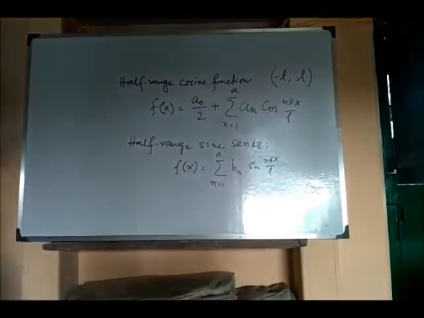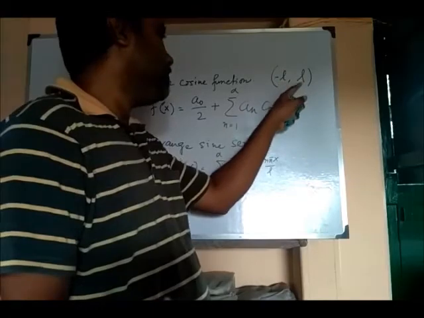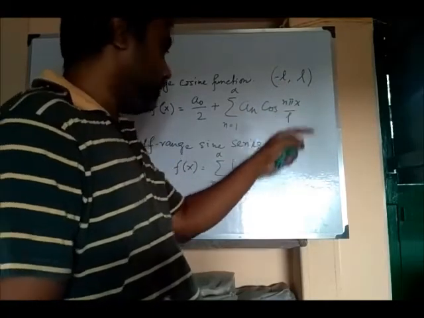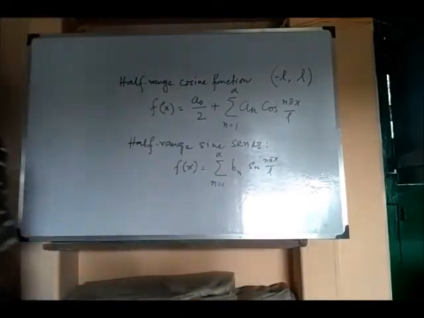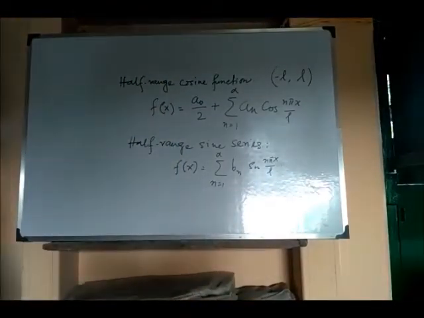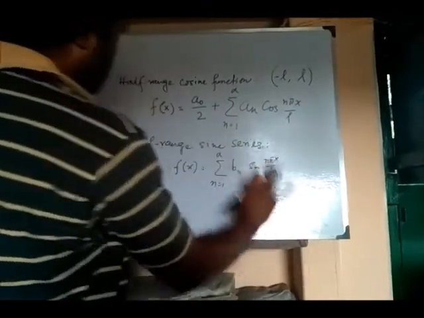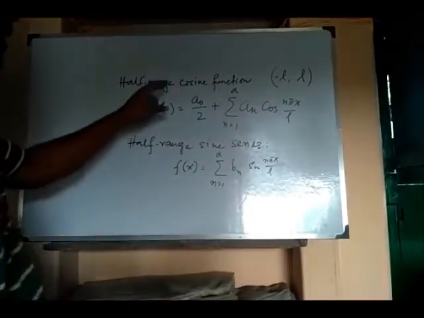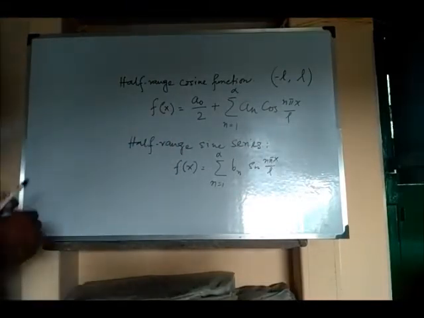So when you transform this range to minus pi to plus pi, automatically L becomes pi, right? So this is the complete representation of the half range cosine series and half range sine series, or any Fourier expansion.